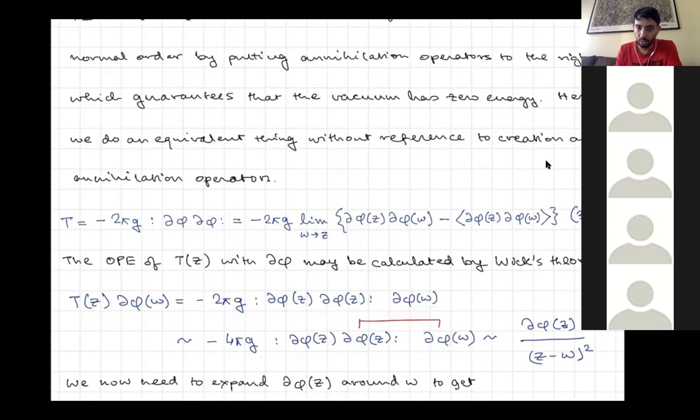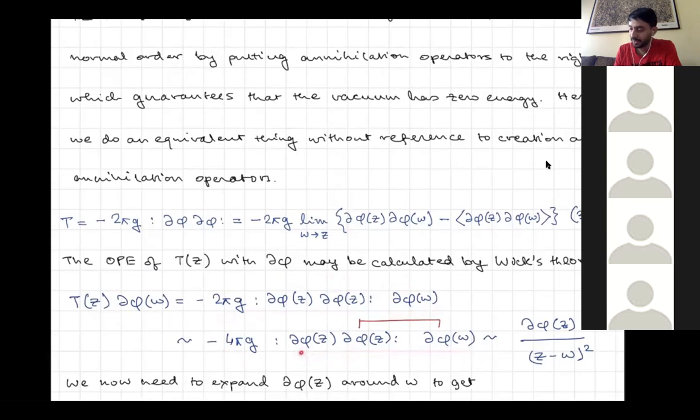We have to make sure that we contract the operators that we have here with this. We can either do this one or we can do this one, so there are two options. So instead of the 2 out here, we get a 4.